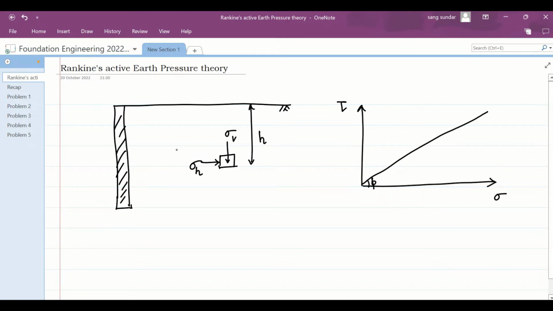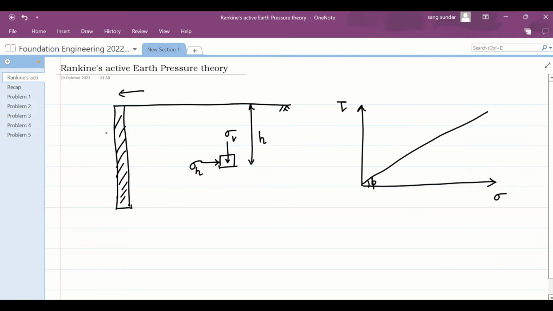And initially your vertical stress will be in a higher condition, and your horizontal stress will be comparatively lesser than your vertical stress, because the wall tends to move away from the backfill and our active earth pressure condition means the horizontal pressure keeps on decreasing, right?